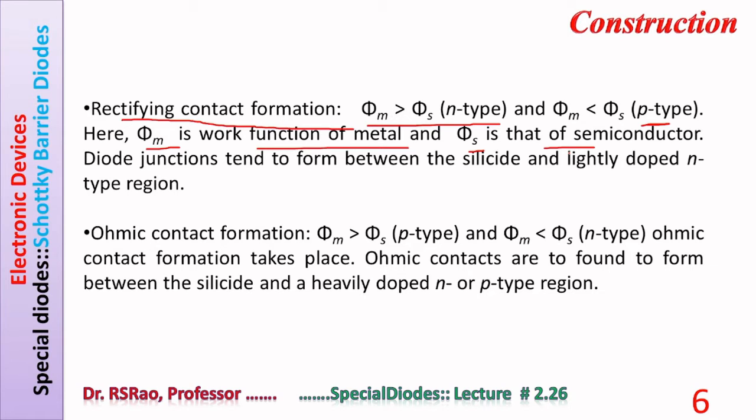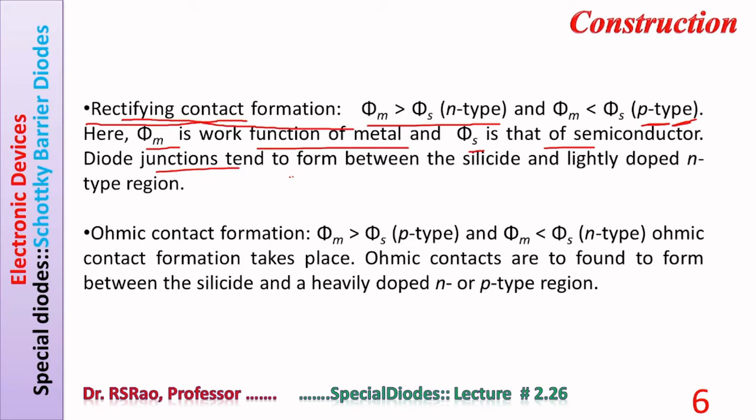So phi m, the work function of the metal, should be more than the work function of the semiconductor when it is N-type for the formation of a rectifying contact. When the semiconductor involved in the contact formation is P-type, then phi m should be less than phi s for the formation of a rectifying contact.